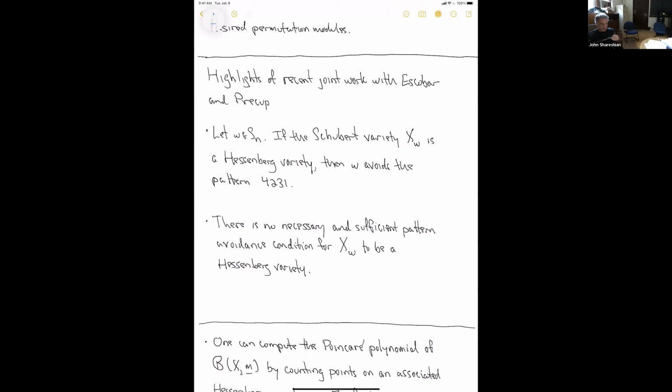And this Hessenberg form is something that's of use in numerical linear algebra. It turns out that the topology of these Hessenberg varieties controls the speed at which certain algorithms can move things into Hessenberg form. So this is a very beautiful thing.